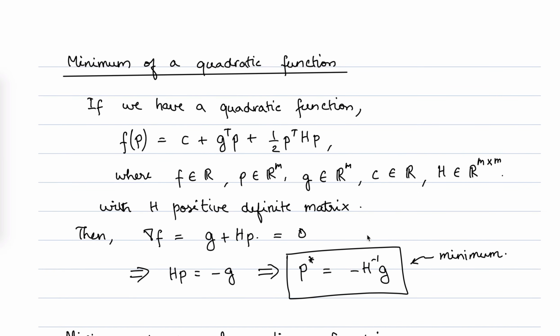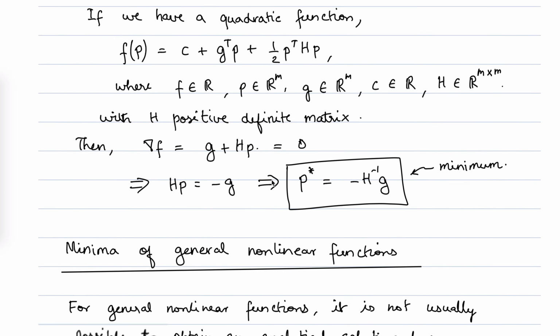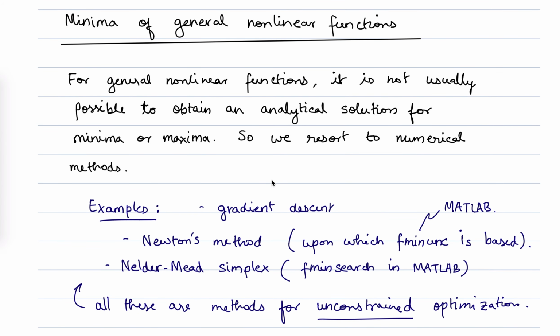Now, of course, the quadratic function is a very, very special kind of a function. What if we have a general nonlinear function? For general nonlinear functions, it's usually not possible to obtain an analytical solution for the minimum or a maximum. So we resort to numerical methods.